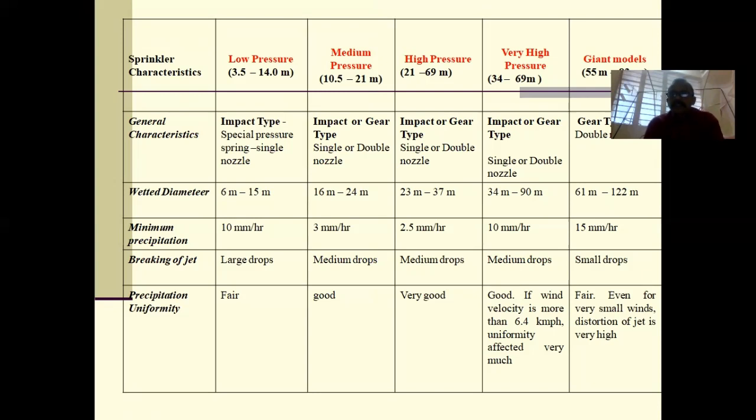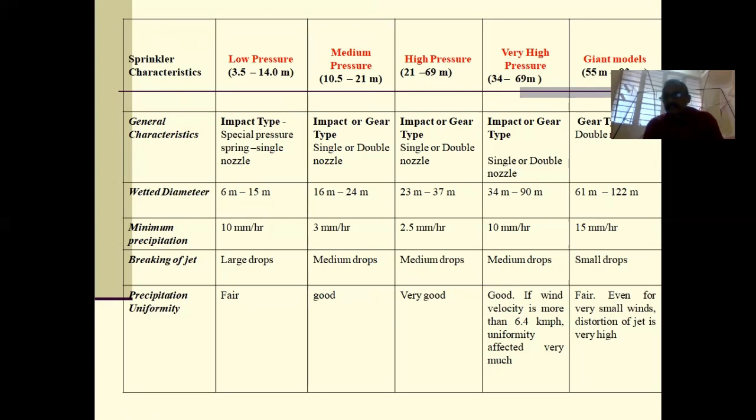The fourth is very high pressure class, for which we need pressure of 34 meters to 69 meters, and these sprinklers are also impact or gear type. Here also we have single or double nozzle. Wetted diameter varies from 34 meters to 90 meters, and the precipitation is larger.